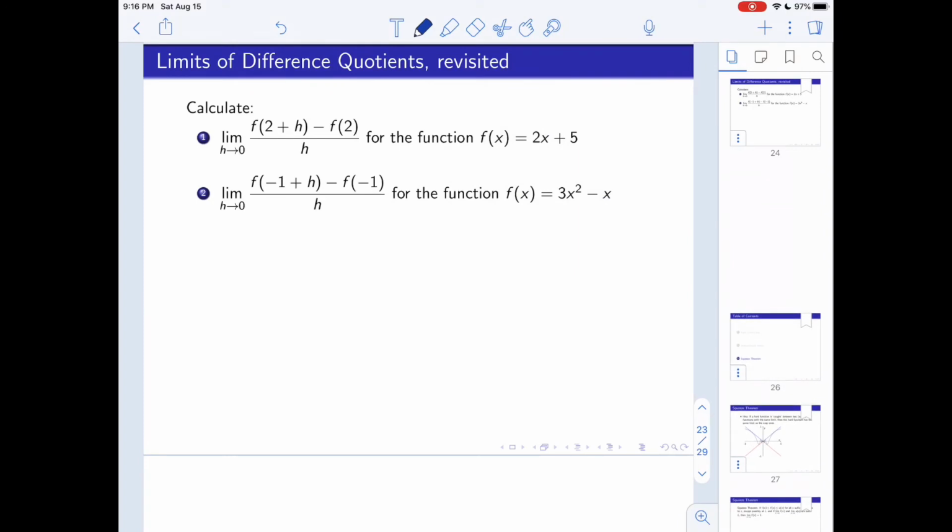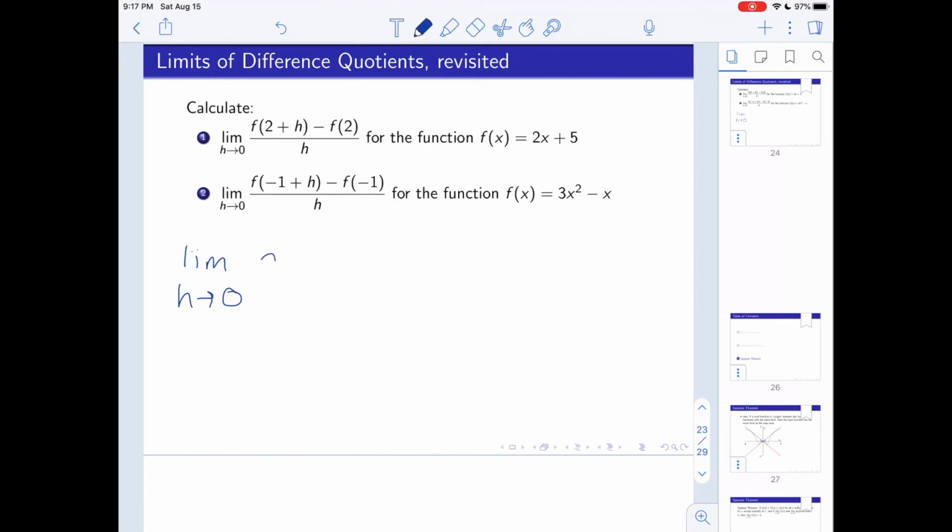So I'm going to start off with the first one, number 1, and that one has its function 2x plus 5. So in order to calculate this difference quotient, we're going to have to do some plugging in to that function 2x plus 5. So when it says f of 2 plus h, the 2 plus h is what we put in place of the x.